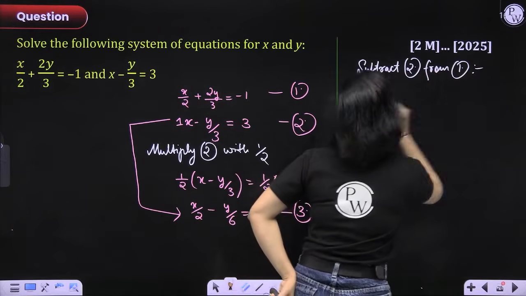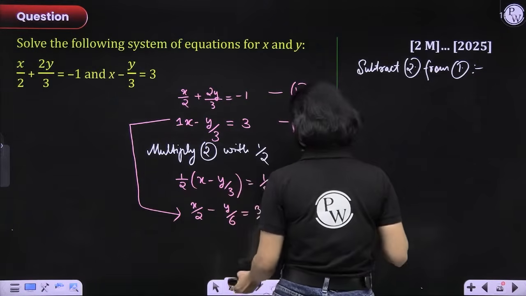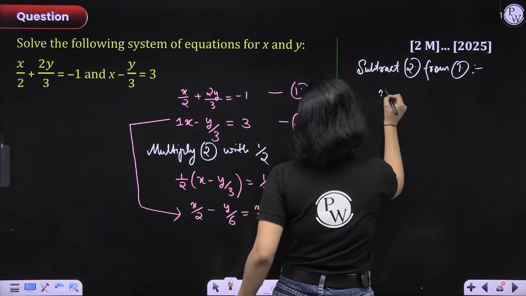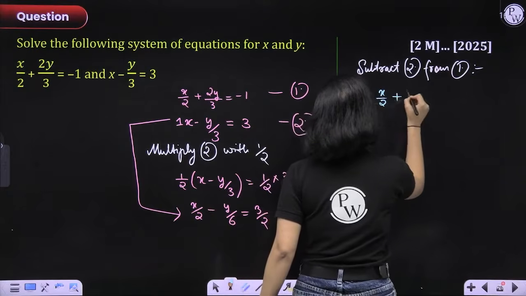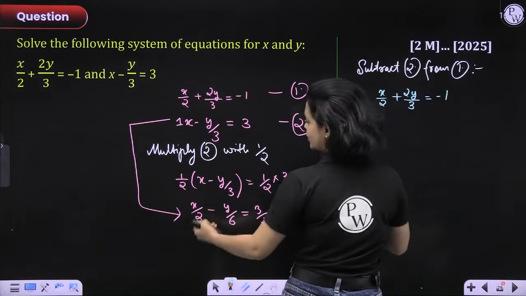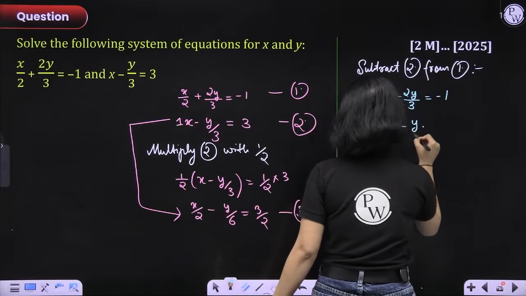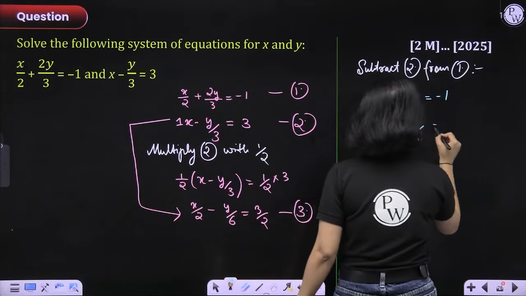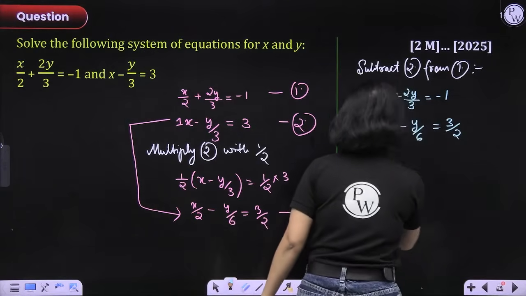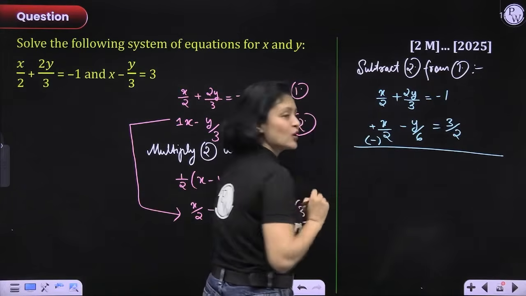So when we do that, everyone, what will we get? You can write it like this: x by 2 plus 2y by 3 is equal to negative 1. And here we have x by 2 minus y by 6 is equal to 3 by 2. We are going to subtract now. When you subtract, guys, here we had an addition sign, so now it gets converted to a negative sign.